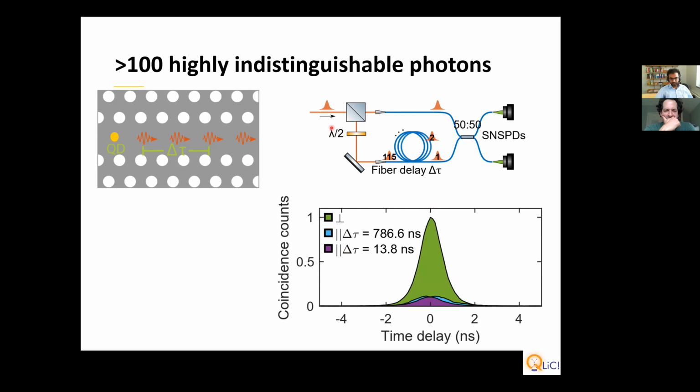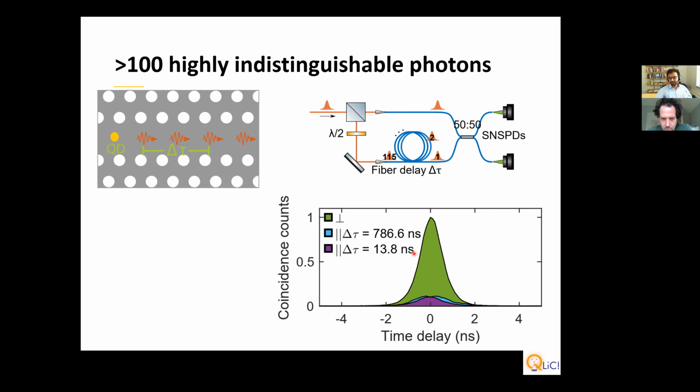Whereas when we make the polarization parallel to each other, that is, both photons are perfectly identical, or should be perfectly identical, then we'd have Hong-Ou-Mandel interference of the two, and we should see a suppression of the coincidences.